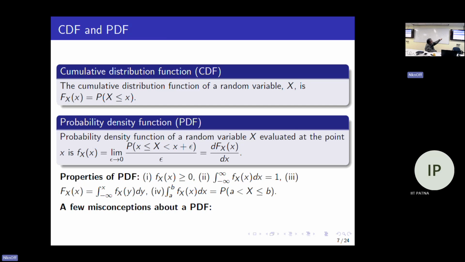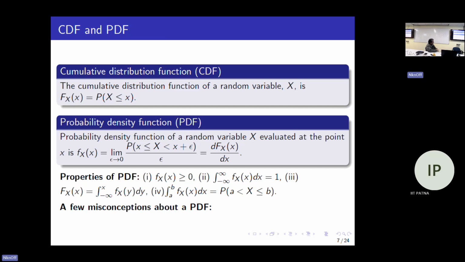What does it mean? It means the probability that the variable X will be less than or equal to small x. So if I ask for the CDF at x less than or equal to 500, it will be 1 by 6 plus 1 by 6 plus 1 by 6 plus 1 by 6 plus 1 by 6, which is 5 by 6. This is the way it will go.